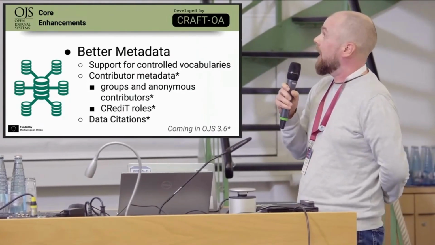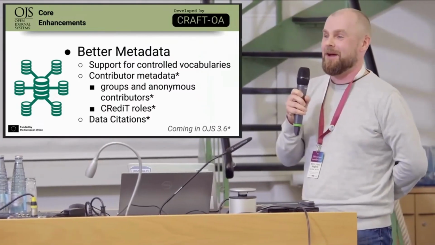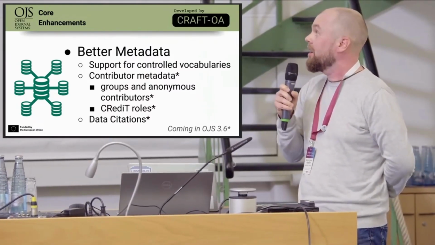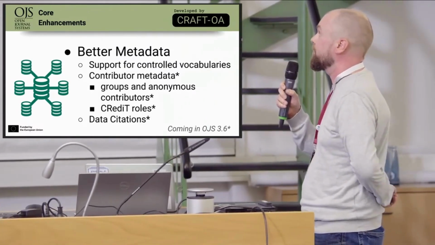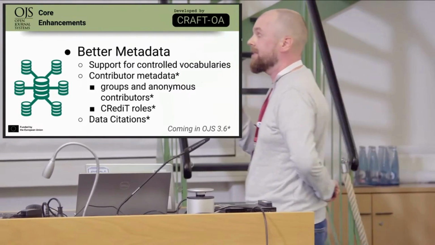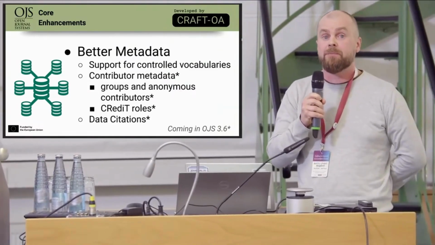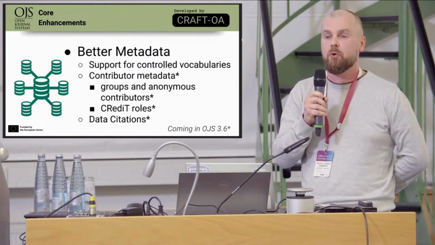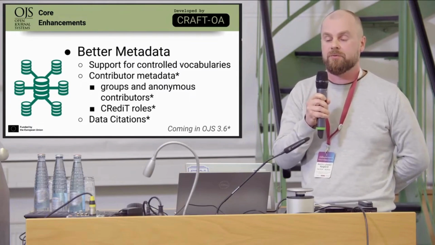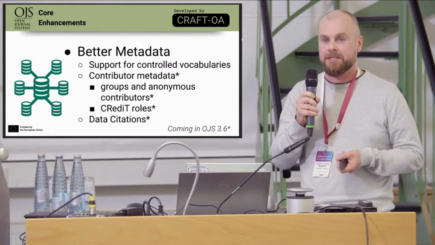And then there's the catch-all topic that we had. I've titled it here Better Metadata. These are probably the three main things that we did there. So we added support for controlled vocabularies into OJS. It basically means that we changed the database structure in OJS, and added the ability to hook different kinds of vocabularies using small plugins in a way that is really easy.